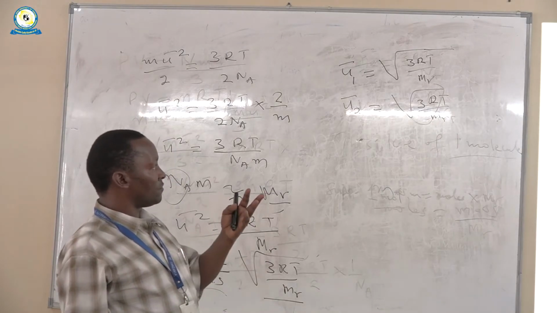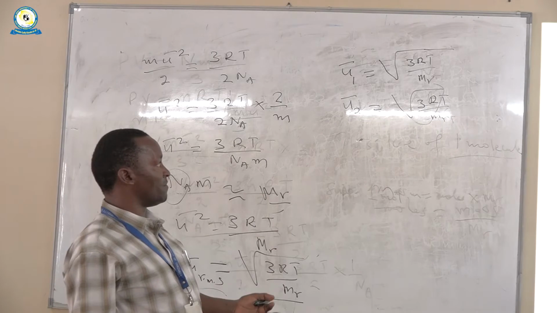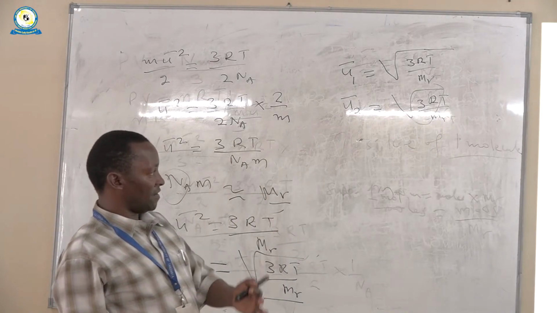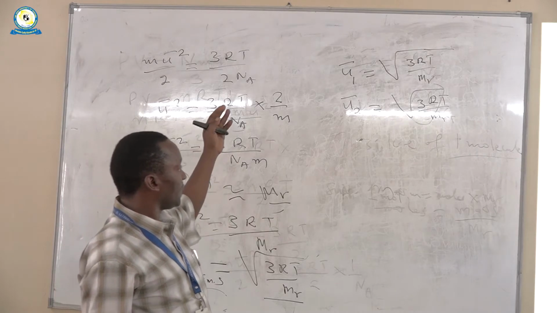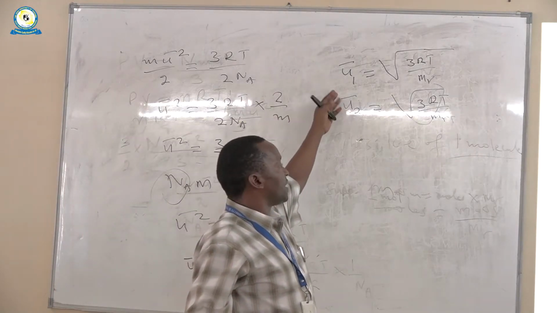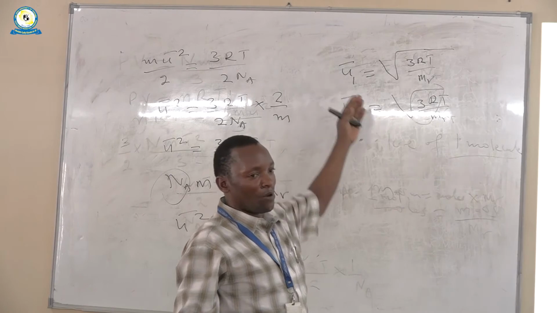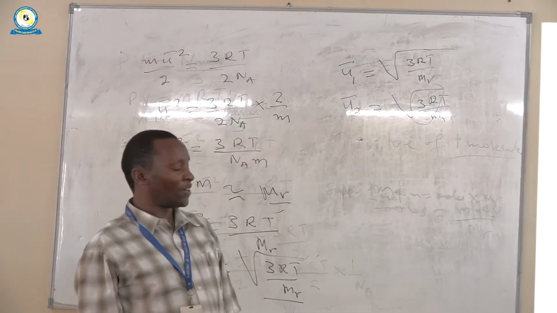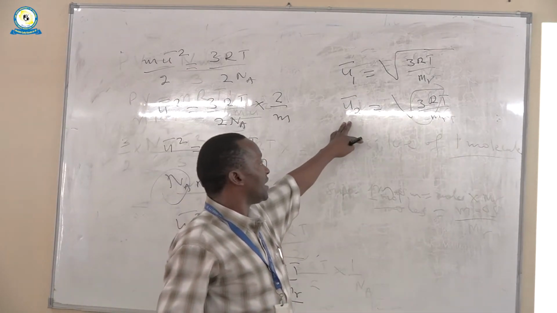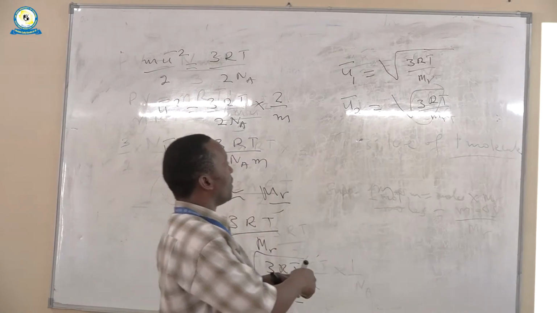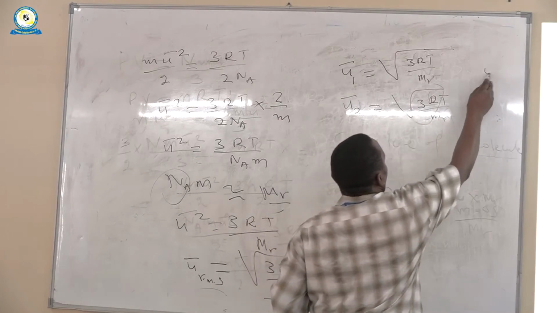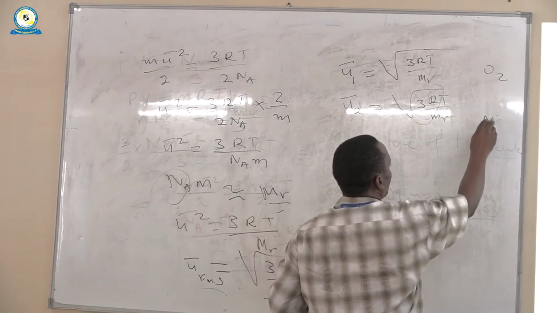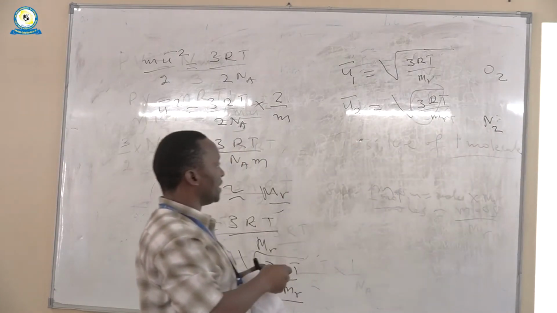But you have two kinds of molecules, maybe nitrogen and oxygen. Now you have maybe the relative mean square speed of one molecule, here of oxygen. You want to find out that of nitrogen.